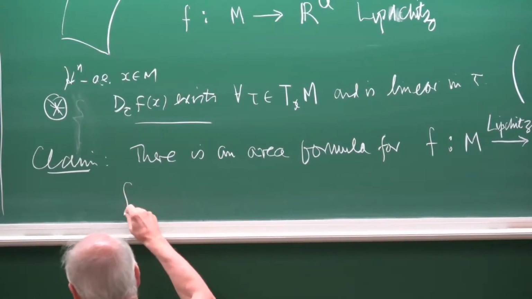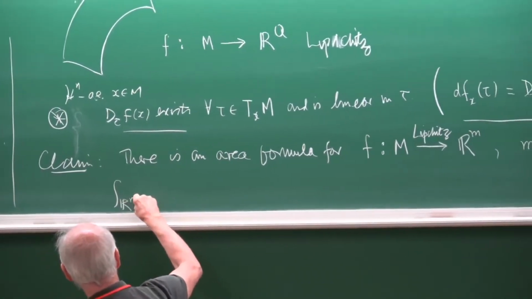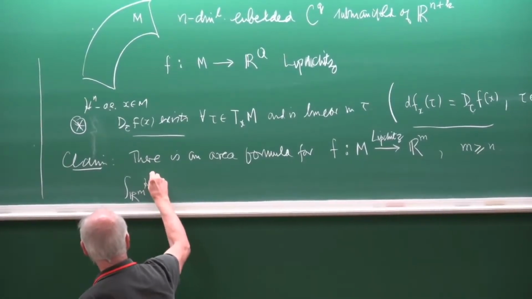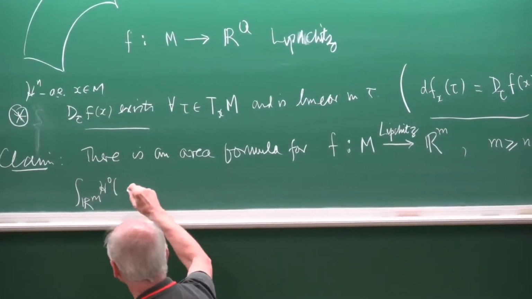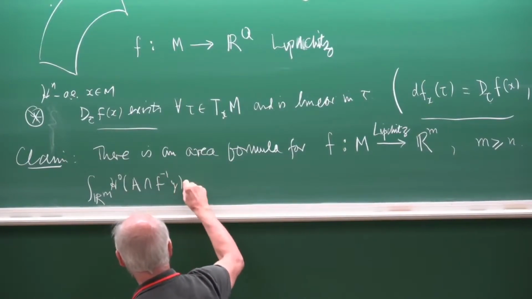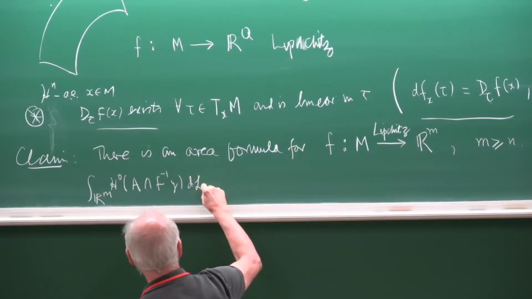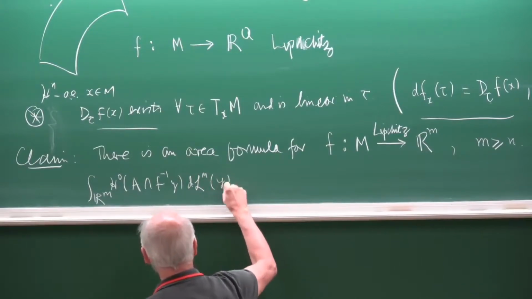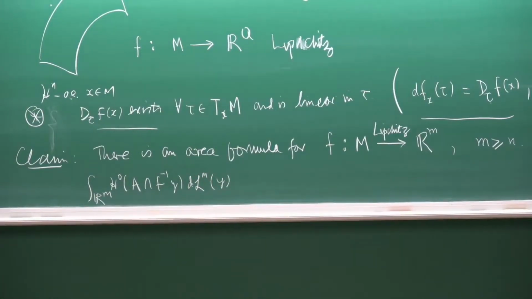It's the same formula. Integral over Rm of H0, that's counting the number of points, of A intersect f^(-1)(y), dLm, integration with respect to the y variable, of course.